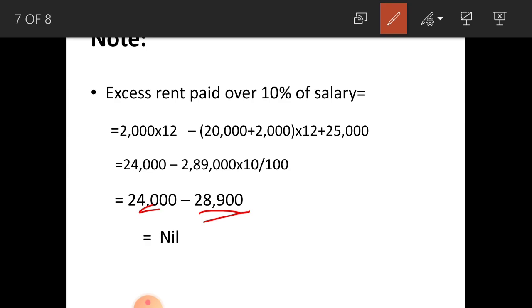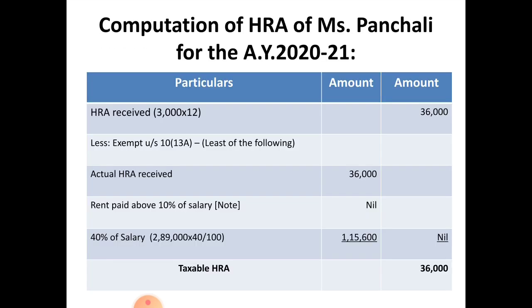That means your excess of rent paid over 10% of salary is nil. Why? Here salary is more than the rent. That is why you have written it as nil. Don't write a negative figure, because here excess of rent paid is asked. That is why nil.